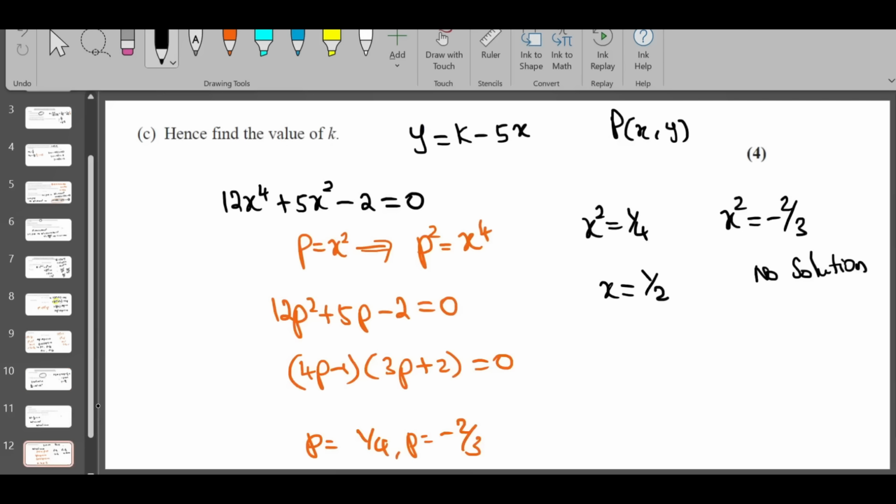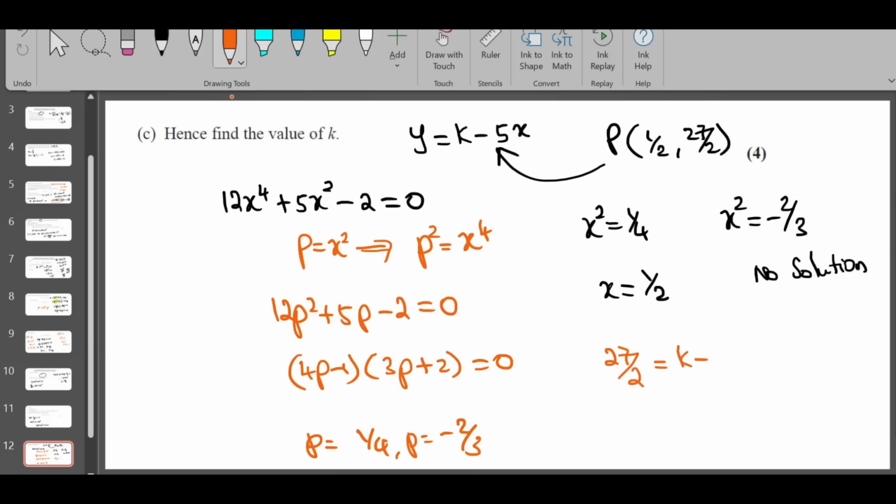Back here, we got the point P. x coordinate is half, y coordinate is this. Sub in here to find the value of k. So 27 over 2 is k minus 5 over 2. So 27 plus 5 is 32 over 2. 32 over 2 is 16 is the answer.